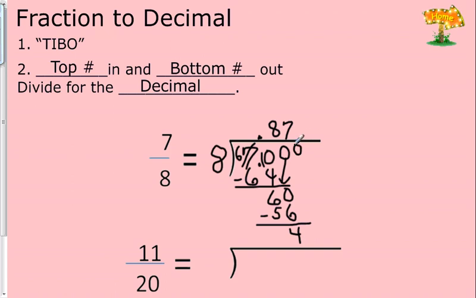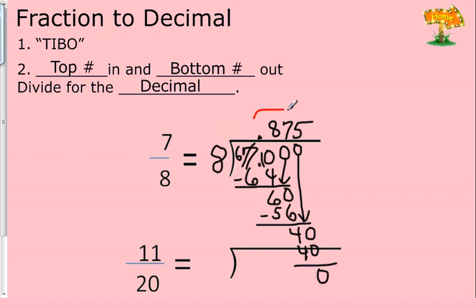So I have to add a 0 and bring it all the way down this time. So 8 goes into 40 5 times. Go ahead and put my 40 at the bottom. And finally, I have nothing left over, so I'm completely done.